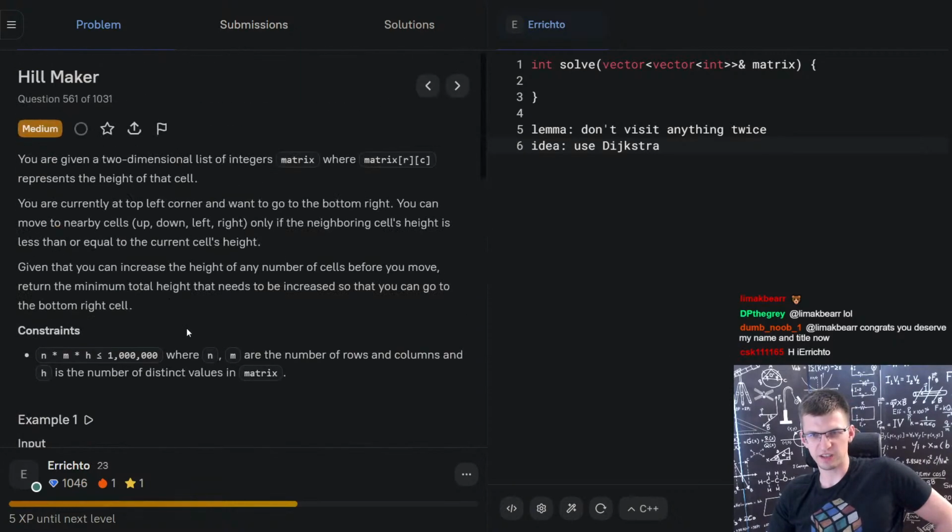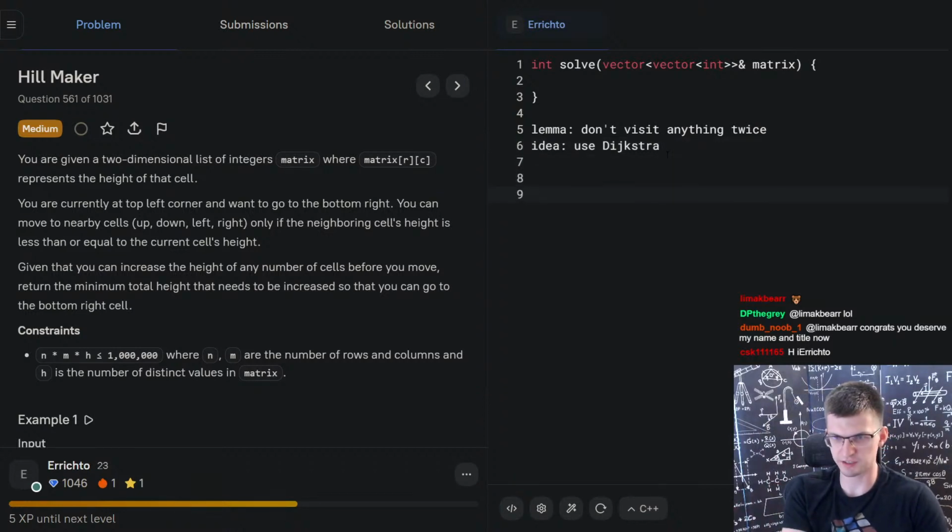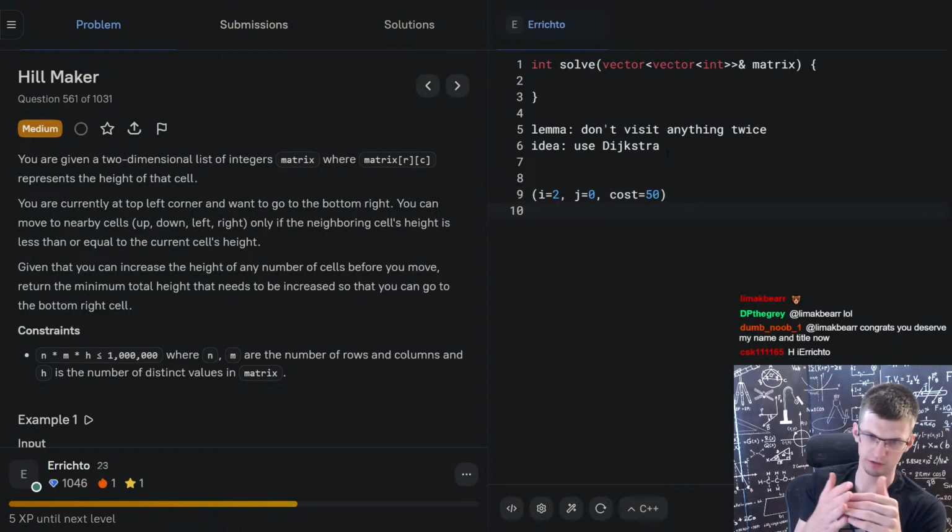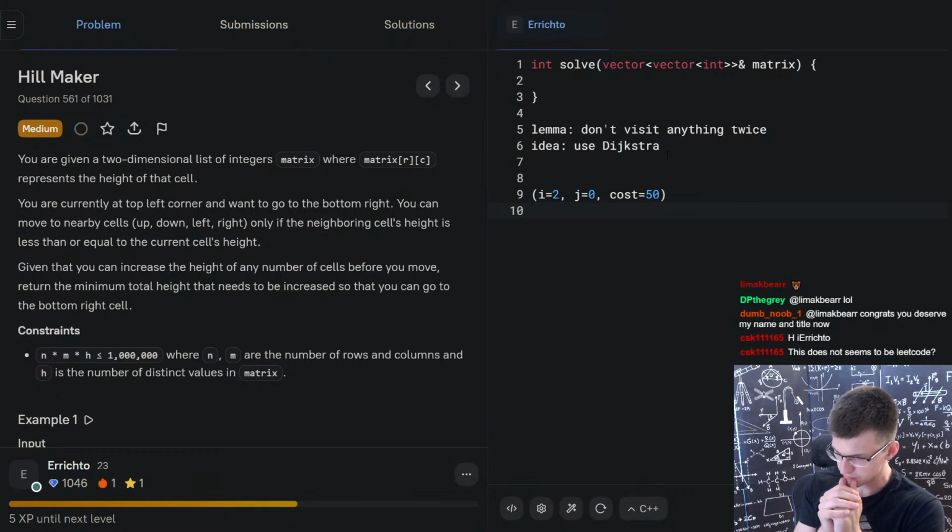The cost is obviously changing stuff. Just when we are somewhere, let's say in Dijkstra we are now at cell i equal to 2, j equal to 0, and the total cost so far is 50. And we consider going to our, say, right neighbor. How do we know if we should increase something?